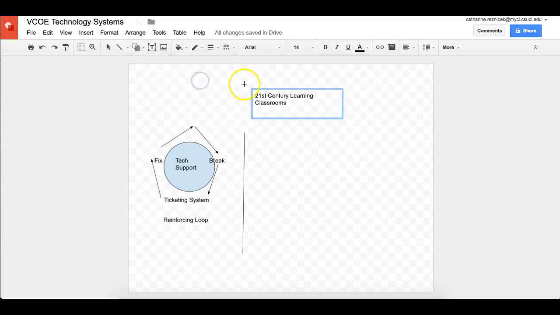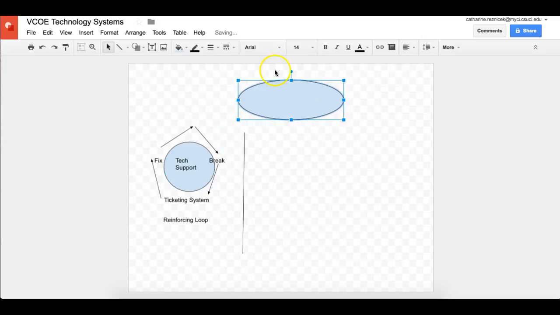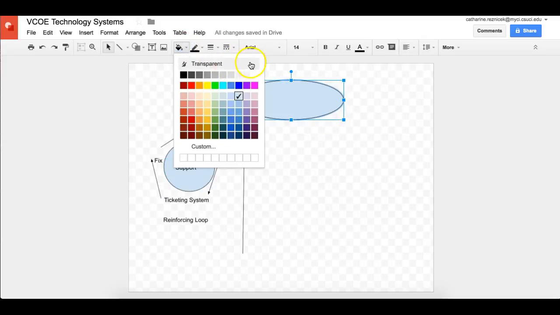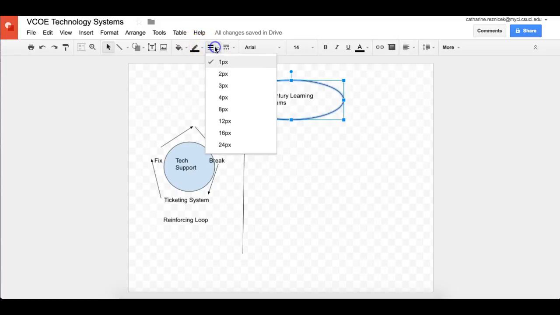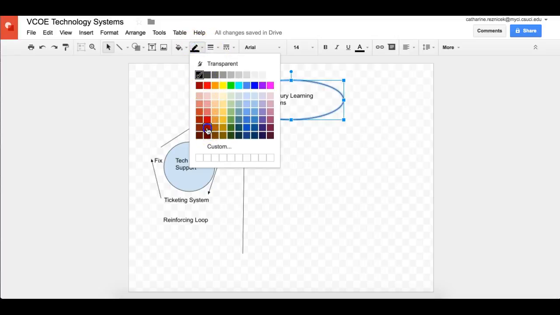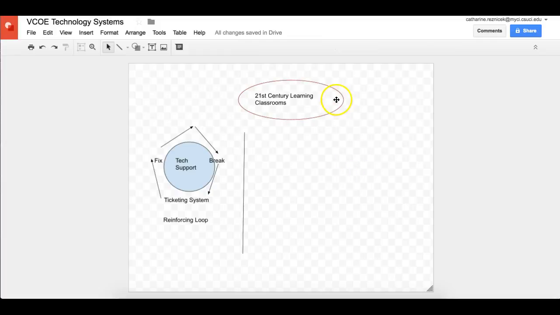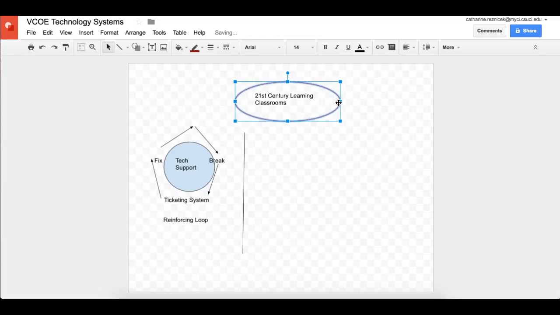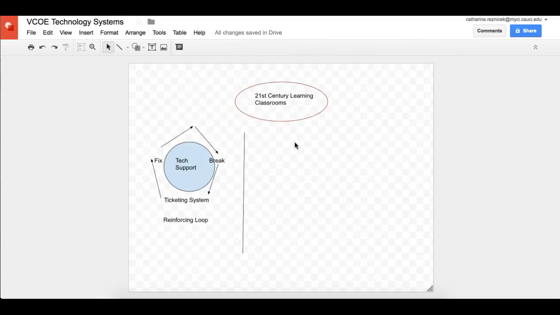Let me go back. There we go. But I have to make the line a color. There we go. So you guys can probably see why I'm struggling. But okay, so we've got this technology piece right here. We've got our aspirational selves, which is 21st century learning happening in the classroom.